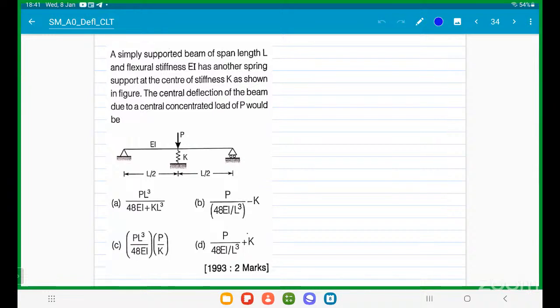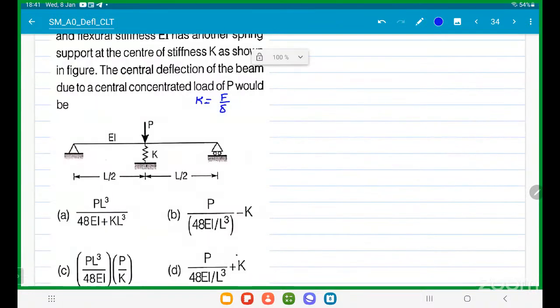Spring force. Sir, what is a spring force? Stiffness is equal to force by deflection, correct? Then this is equal to reaction by deflection.